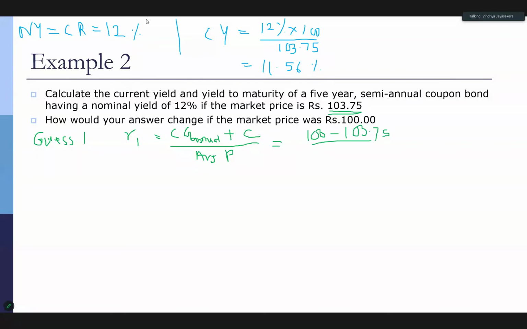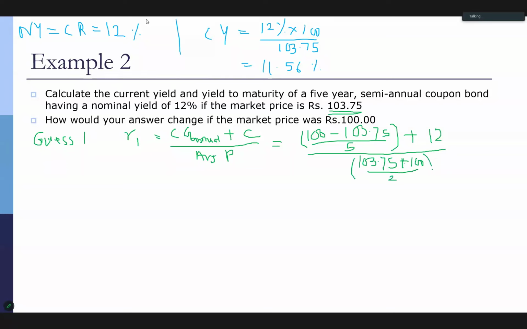This is over 5 years. So your annual capital loss is 0.75 negative, plus coupon of 12, divided by average price. Average price is 103.75 today, plus 100 at the end of the period, divided by 2. How much is this? Is it 11.04?